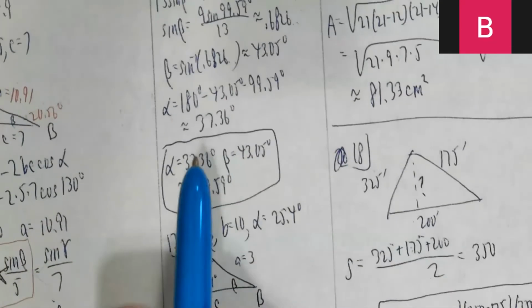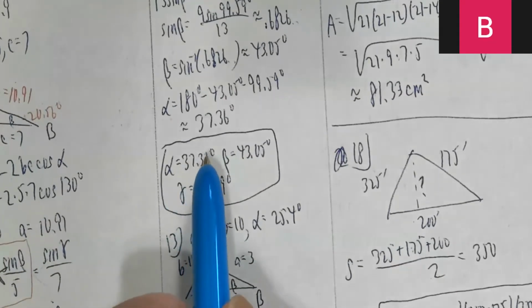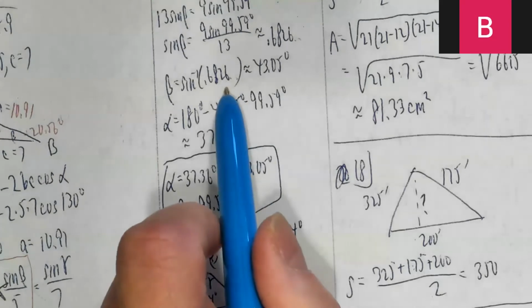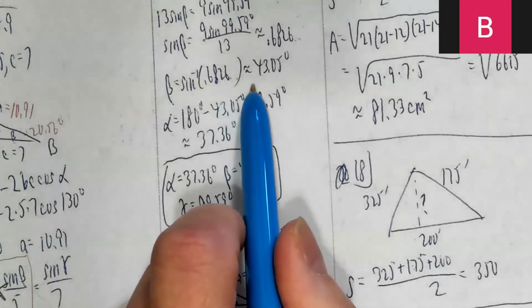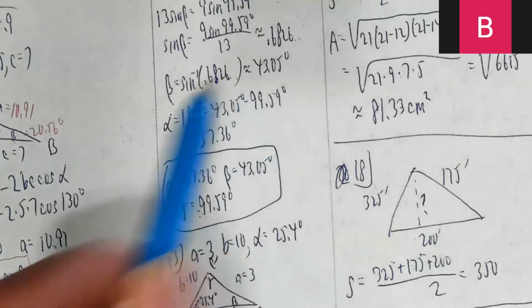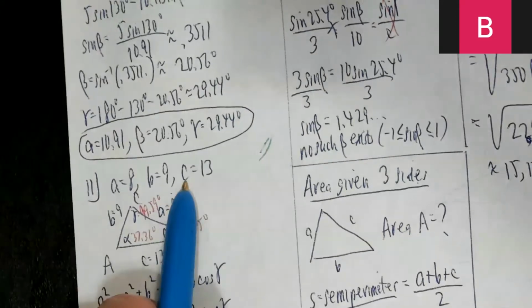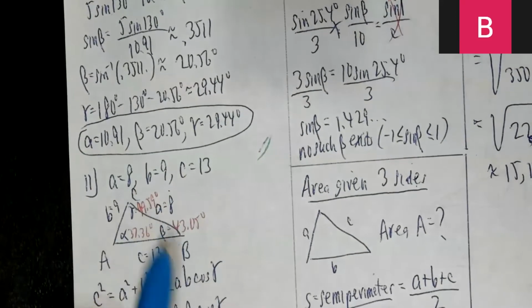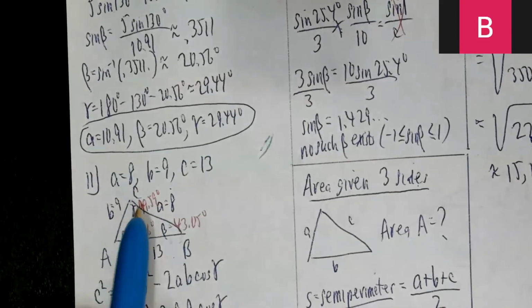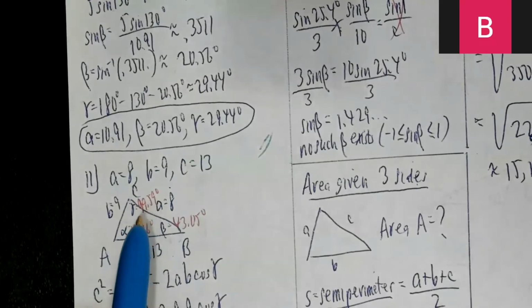But since I already have the largest angle, I cannot have another angle greater than 90 degrees. Okay. So that's the reason why, in general, when you get a situation like this, aim for the largest angle first. Then you don't have to worry about finding a second quadrant angle.